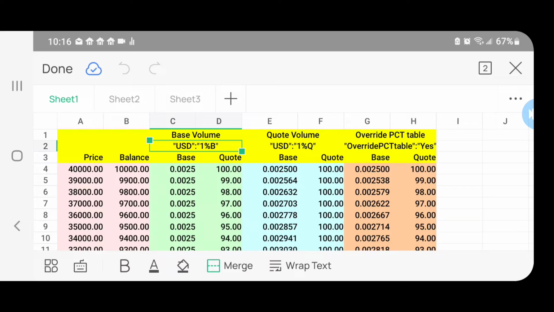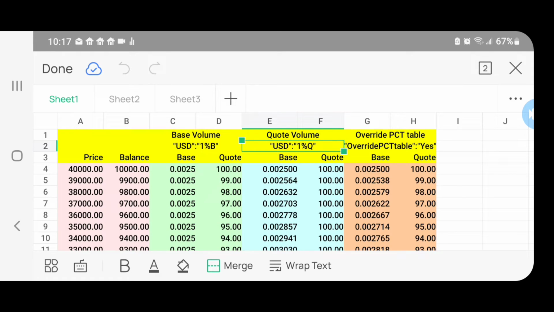So now let's move on to the quote currency. Quote currency volume on the right side of the pair. This is where you want your quote volume, in the case of the example, USDT, to remain consistent no matter what. So there's consistency at a specific value.